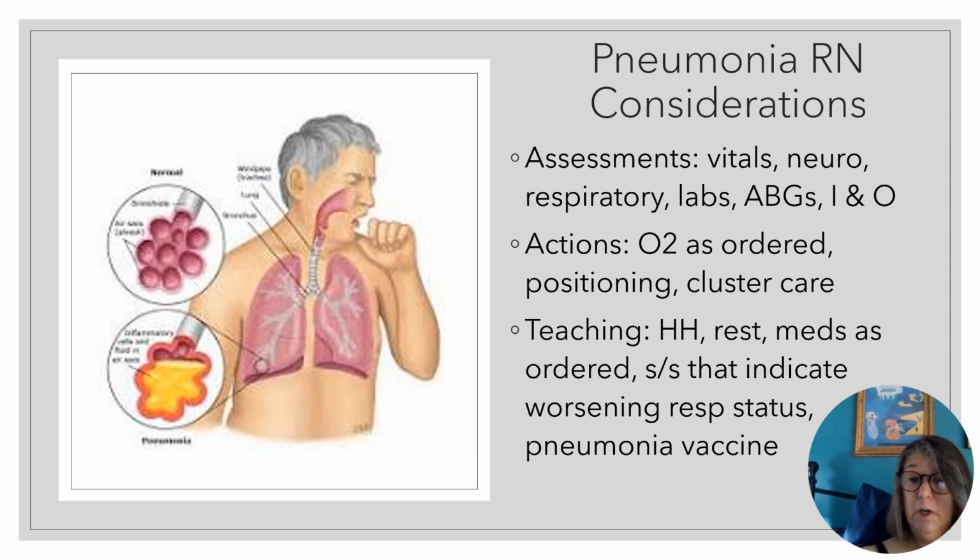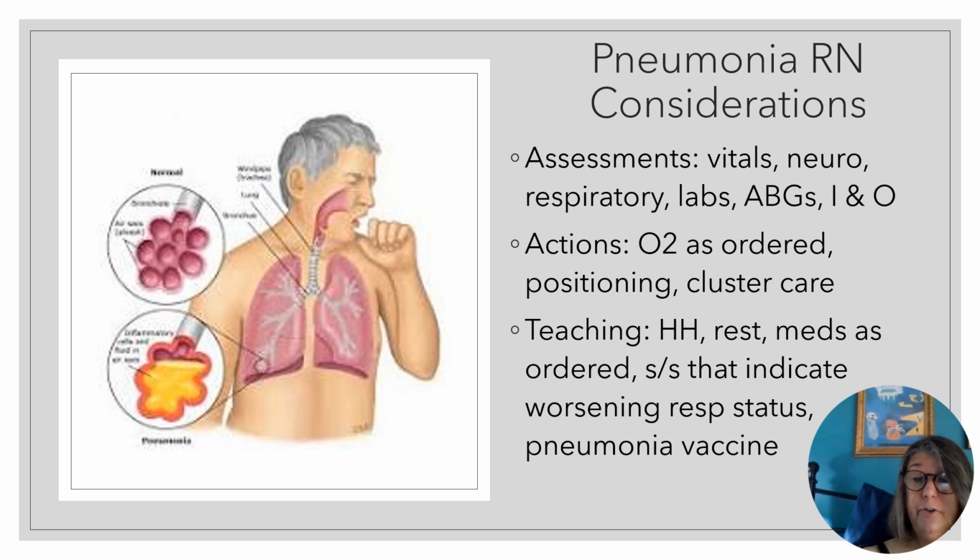So we're going to want to give oxygen as needed. Our person may tire easily, so we want to cluster care. Do all the things that we can do at one time so that our person can then get adequate moments of rest. Teaching, hand hygiene, rest, meds as ordered. If our person goes home on antibiotics, teaching related to take all the antibiotics, right?